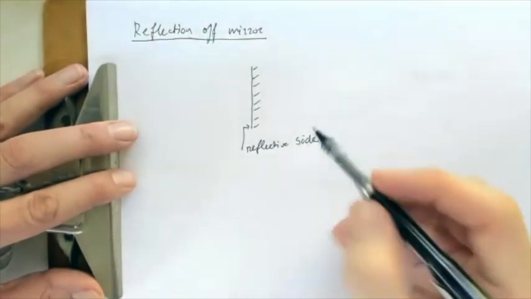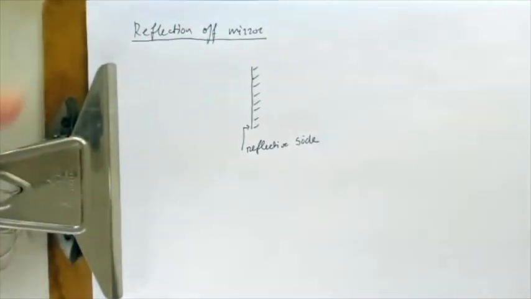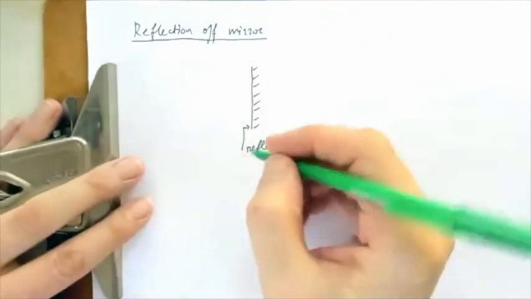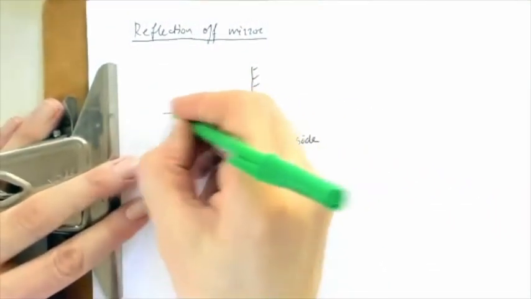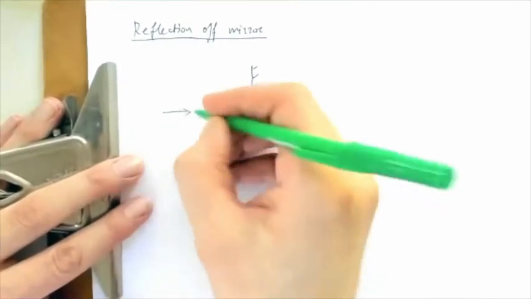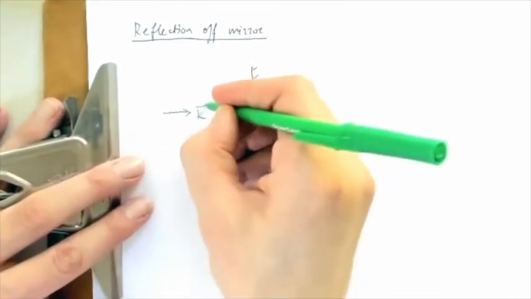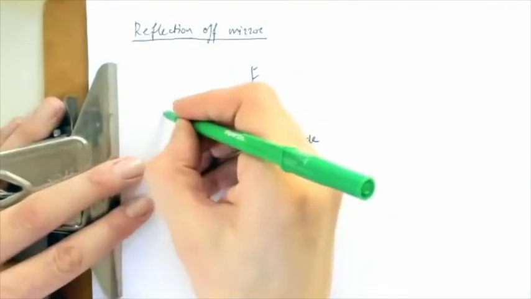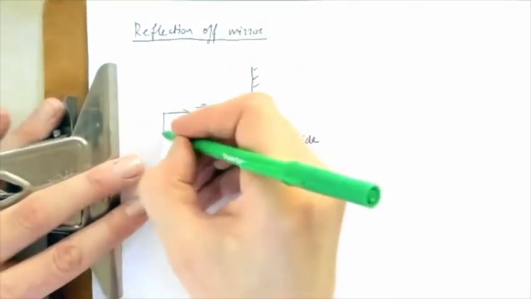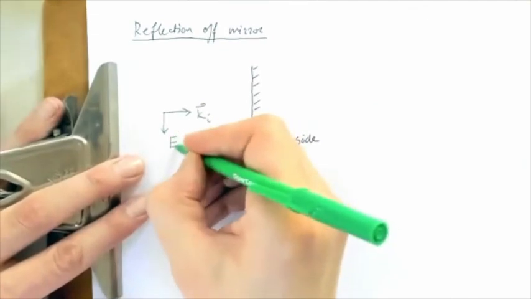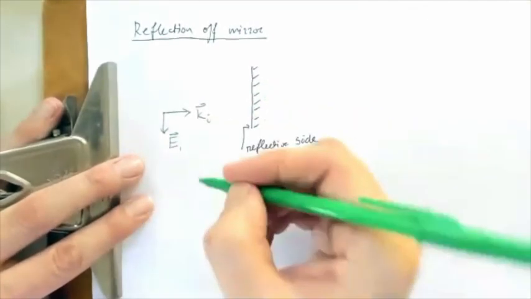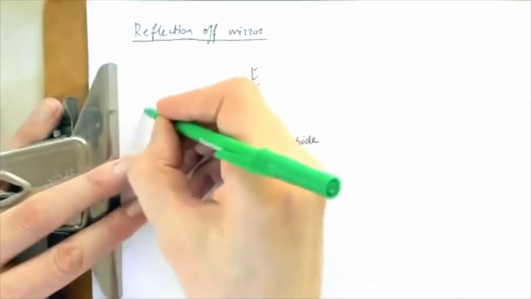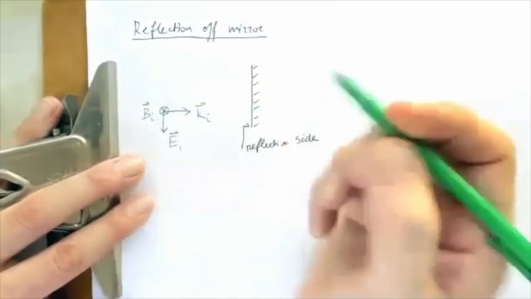And now we can just say, okay, there's an incident wave, and the incident wave is coming in like this. So this is the k vector for the incident wave, and then the E field is like this. So that's the E field. That's the prefactor for the E field, and then B is in. That's incident.